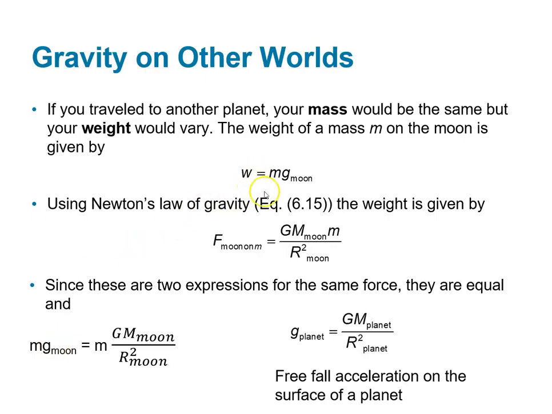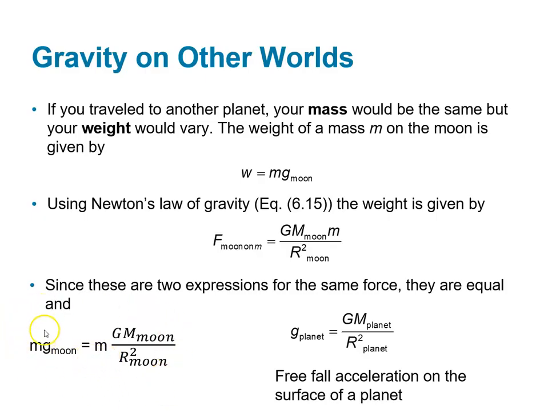Now, because that force that the moon puts on us is what our weight is going to be, that's the definition of weight, it's the force of the gravity of a planet acting on us, then we can set these 2 equations equal to one another. So W is weight, and this F of moon on m is equal to weight.